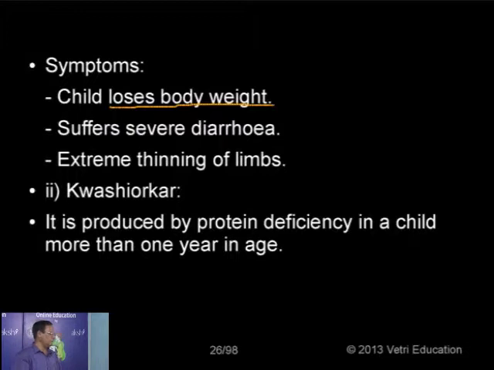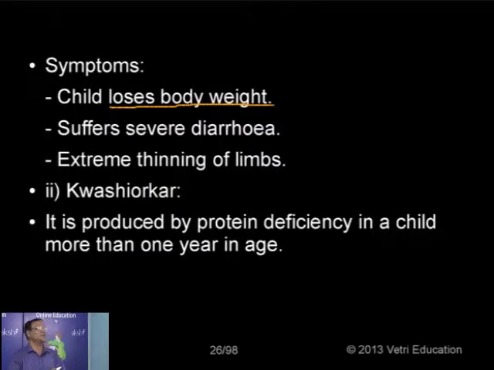Now the second disorder we have is kwashiorkor. Unlike marasmus, kwashiorkor is produced in a child who is more than a year of age, while marasmus occurs at less than a year of age. And secondly, marasmus is the simultaneous effect of protein as well as calorie deficiency. But here the calories are available in the diet, only the protein is deficient.